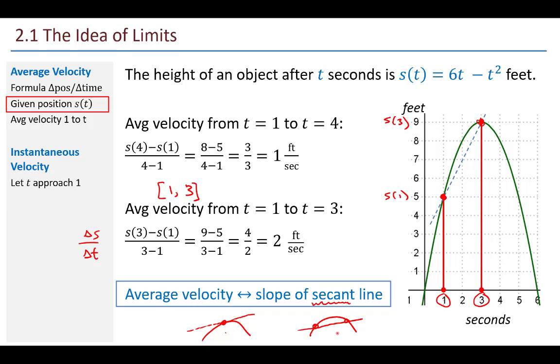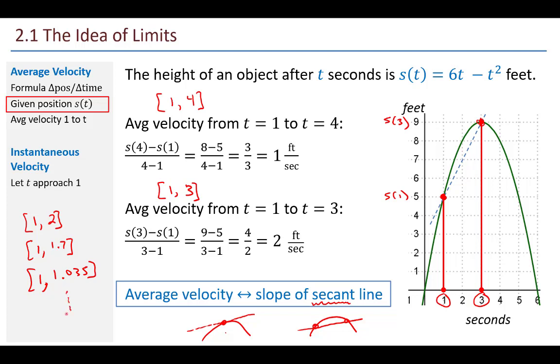All right, well, we had fun, didn't we, looking at the average velocity from 1 to 4 and the average velocity from 1 to 3. And we could also find other average velocities. How about the average velocity from, we'll keep the 1 constant, 1 to 2, 1 to 1.7, 1 to 1.035, and on and on and on.